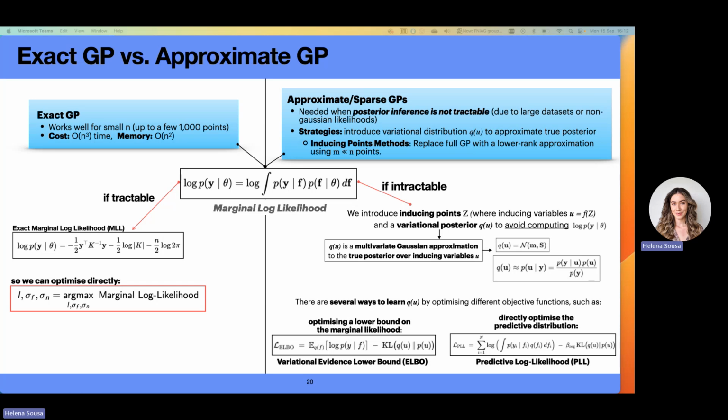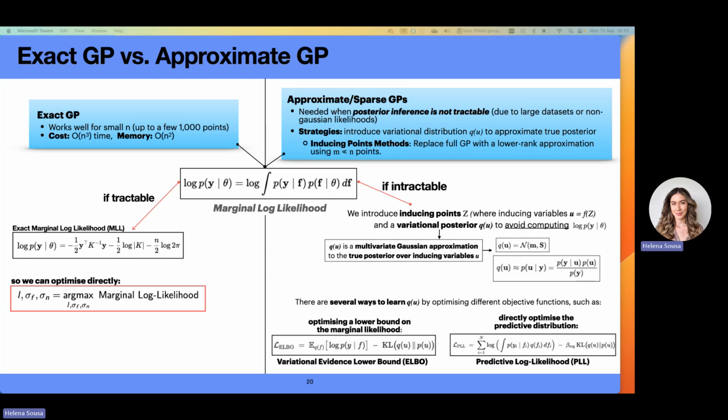The main strategy usually is to use what we call inducing points, which is just a smaller set of points to try and approximate the full GP. I'm going to talk a little better about inducing points in the next slide, so I'm just trying to give an overall view of what an approximate GP uses.